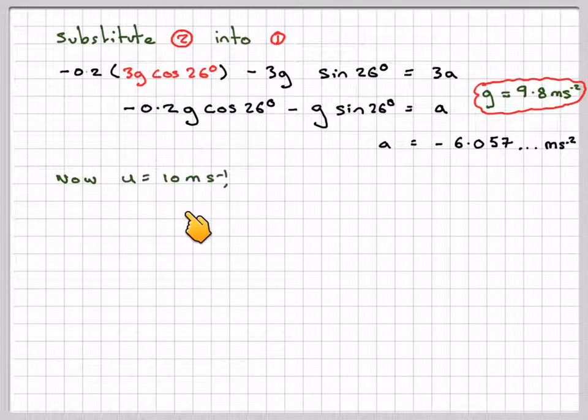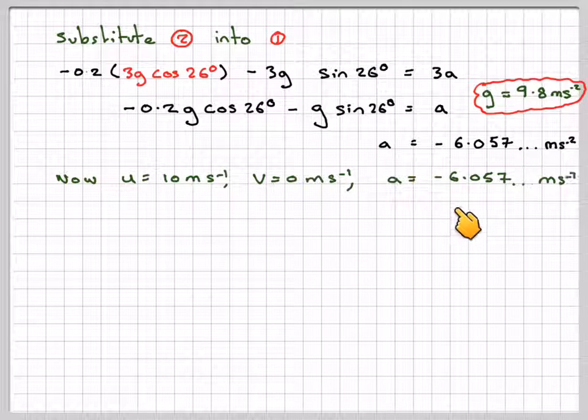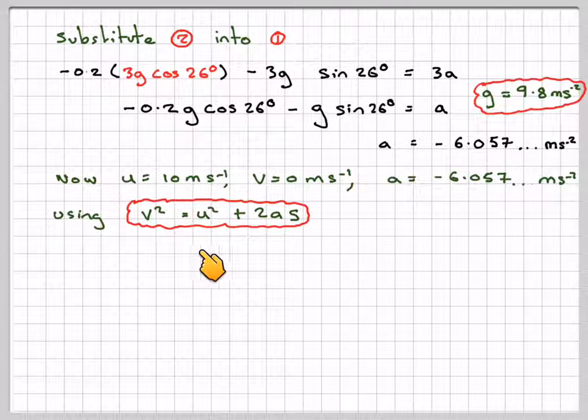Now, if the initial speed was 10 meters per second, and we want the final speed to be 0 meters per second, and a is minus 6.057, don't round off prematurely, we now use v squared is equal to u squared plus 2as.